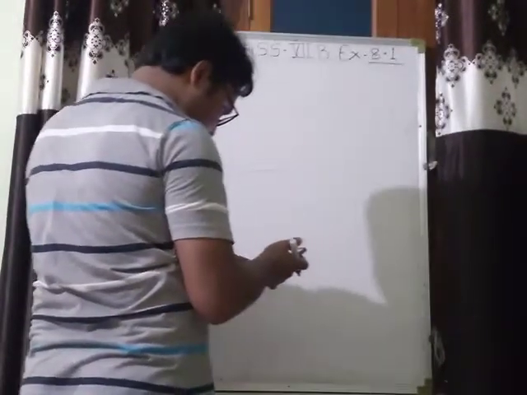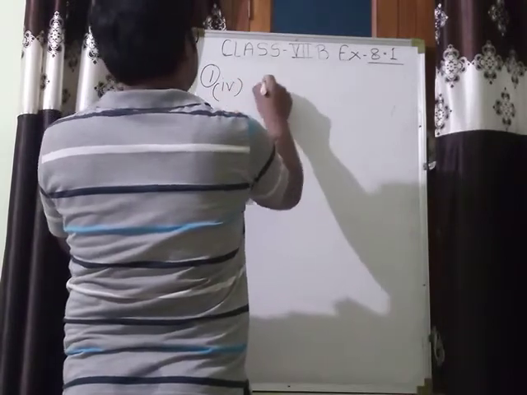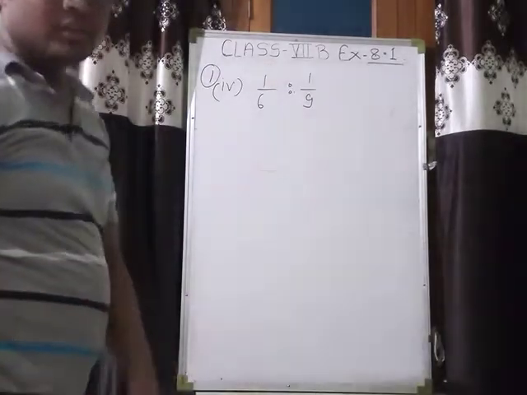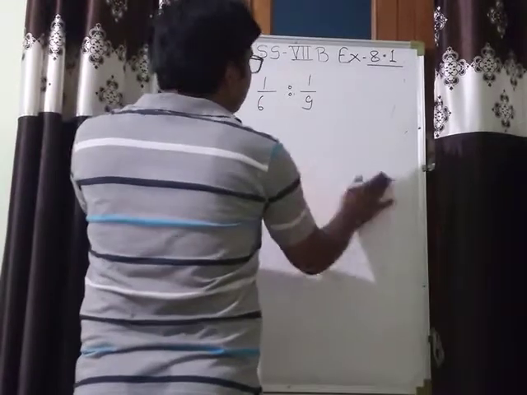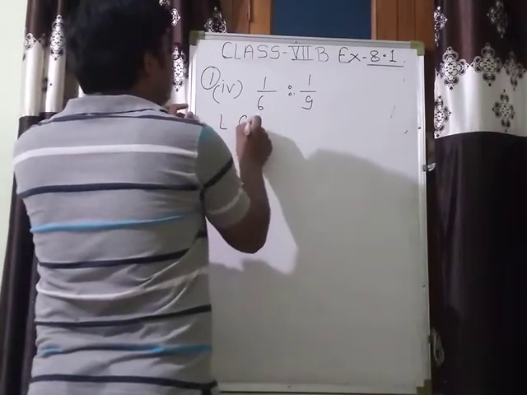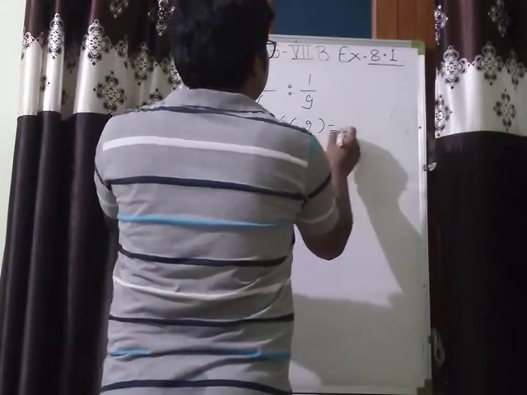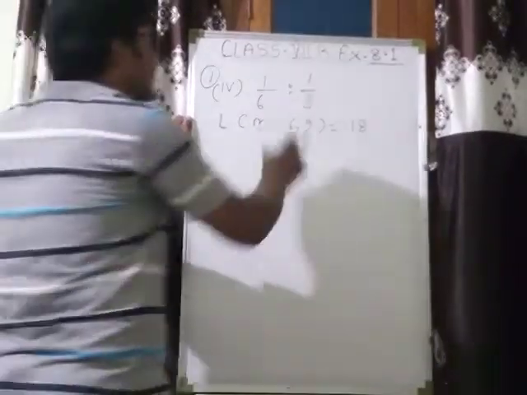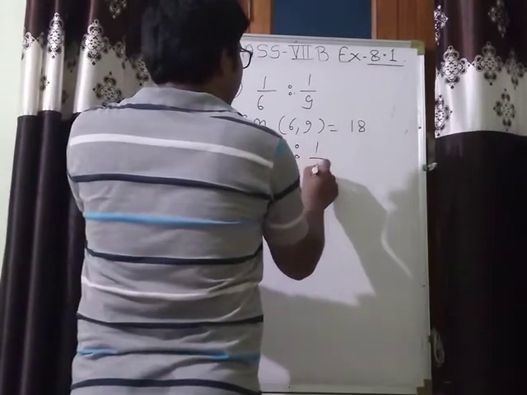Now I am going to solve the fourth one, that is 1 by 6 is to 1 by 9. Okay, so simple. First find the LCM of 6 and 9. Clearly that is 18. LCM of 6 and 9 is 18. So 1 by 6 into 18, 1 by 9 into 18.